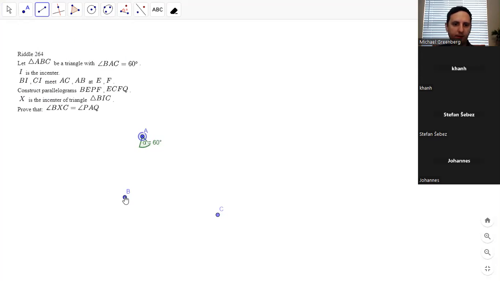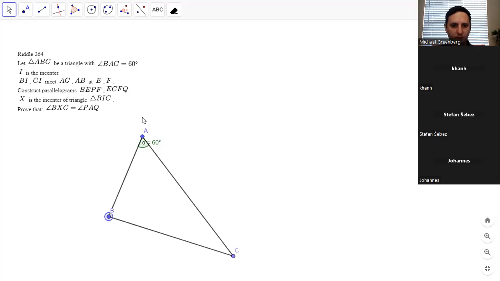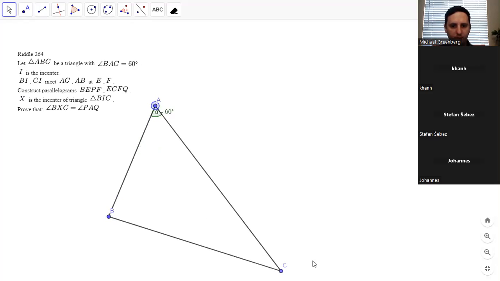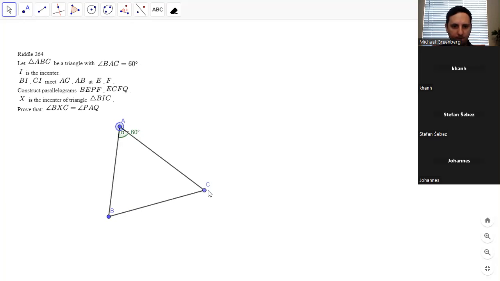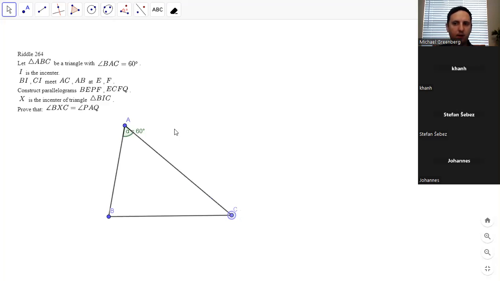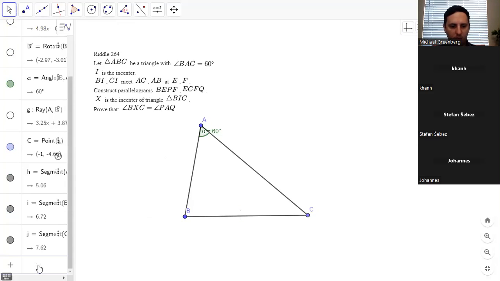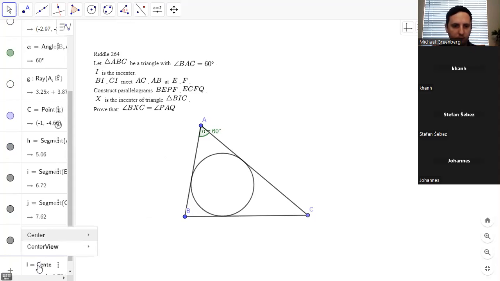So yeah, now I can drag B and C as far short as I want. I is the in-center. And BI and CI are the feet of the angle bisectors. So let's see how I can do this. All right, so let's draw the incircle. And I is the in-center.